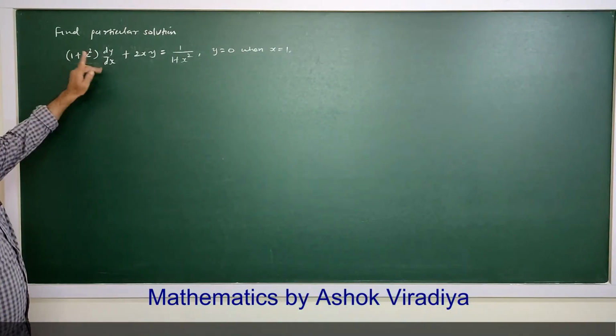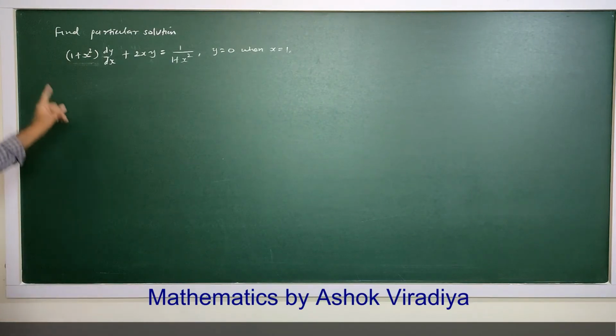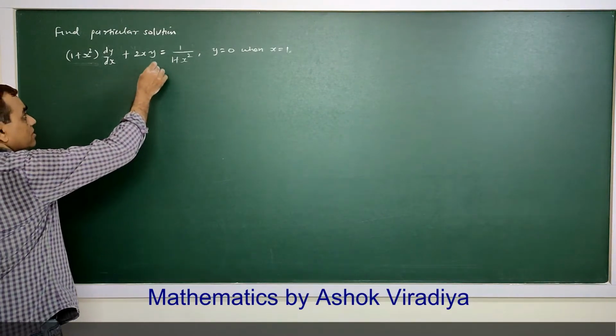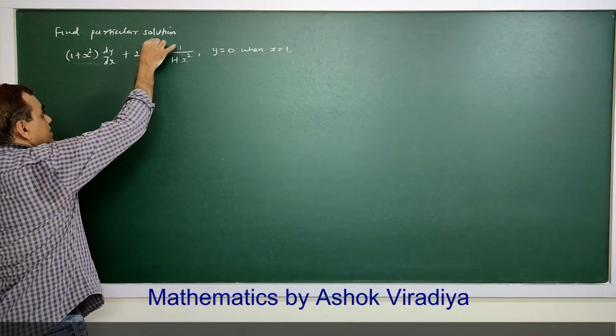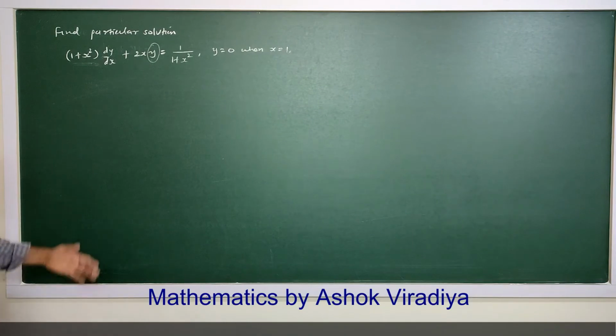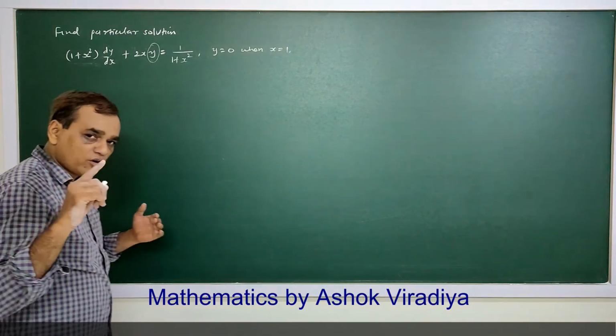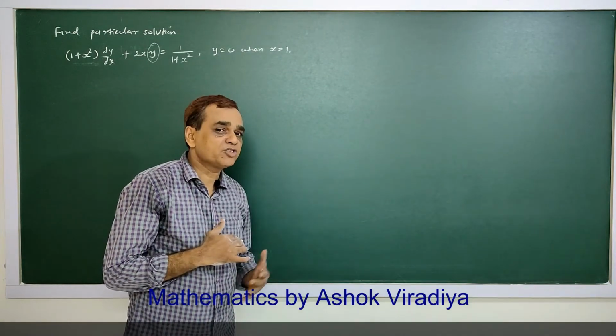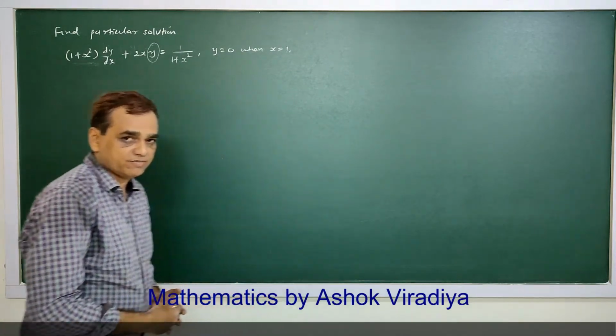Next question, to find a particular solution of this differential equation. In this equation there is only one y. So whenever you find only one y or only one x, then think about a linear differential equation and its method.